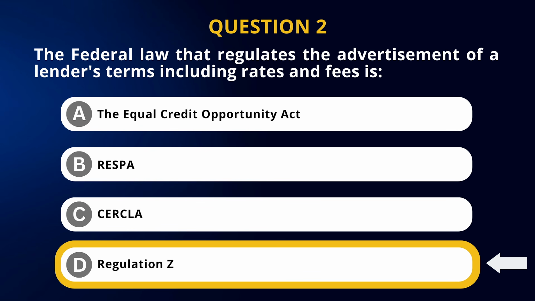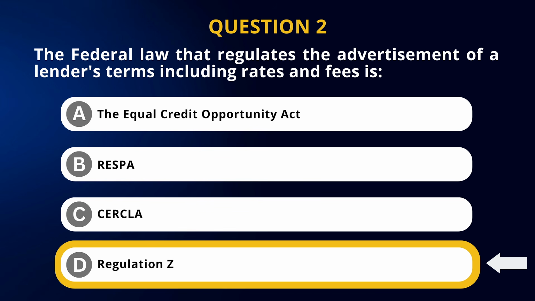And then the final one here is CERCLA. CERCLA is the big federal environmental law, which you learn as the Superfund law. It's the Comprehensive Environmental Response, Compensation, and Liability Act. It's a mouthful, but it's also known as the Superfund.